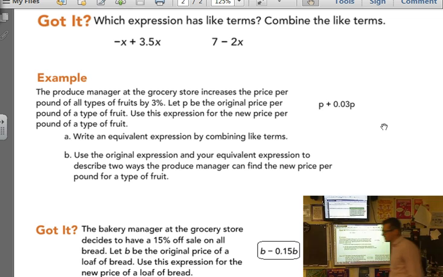I'm going to pass out your next steps. Choose which one has like terms and combine those like terms. One of them does not have like terms and cannot be combined.